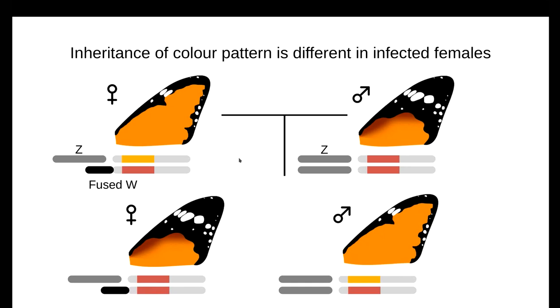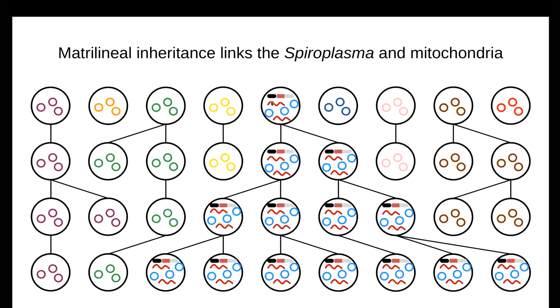And therefore, by definition, the sons are inheriting the dominant allele and being killed by the male killer. And so when we think about inheritance of the male killer in the population, we have to no longer think about just the male killer and the mitochondria, but also this fused W chromosome that must have also been present in this original infected female and have been inherited by all of her descendants. So this chromosome here is also super successful in this hybrid zone population.